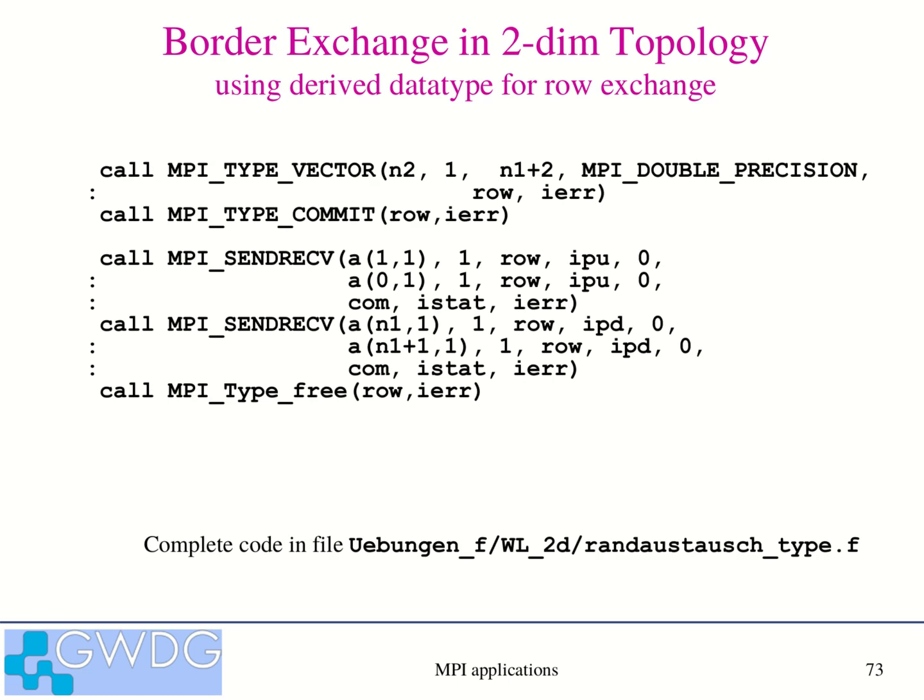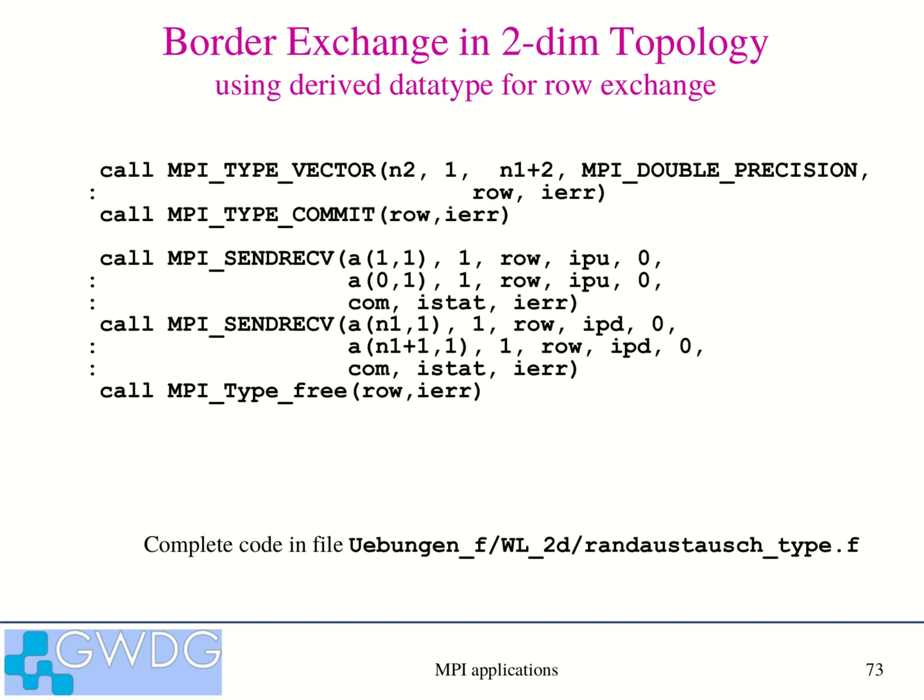I define a vector type row, which has n2 elements, and each element has just one piece, and the stride of these elements in the original array is just n1 plus 2, which is the length of one column.